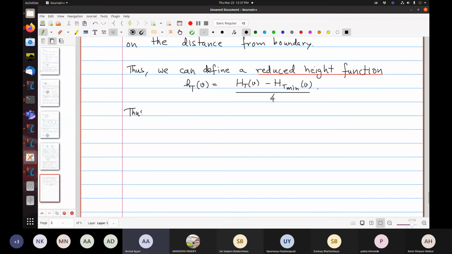Thus, by definition, ht min of v is 0 for all v.